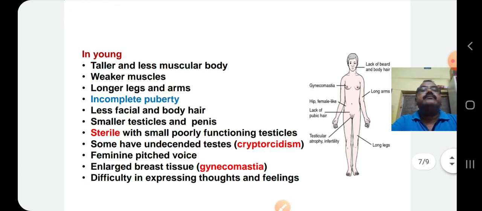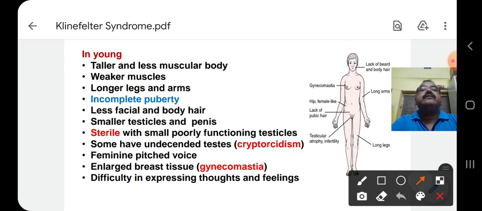In case of young males, the symptoms are a taller and less muscular body, weak muscles, long legs and arms, incomplete puberty, less facial and body hair, smaller testicles and penis. They are sterile with small, poorly functional testicles.